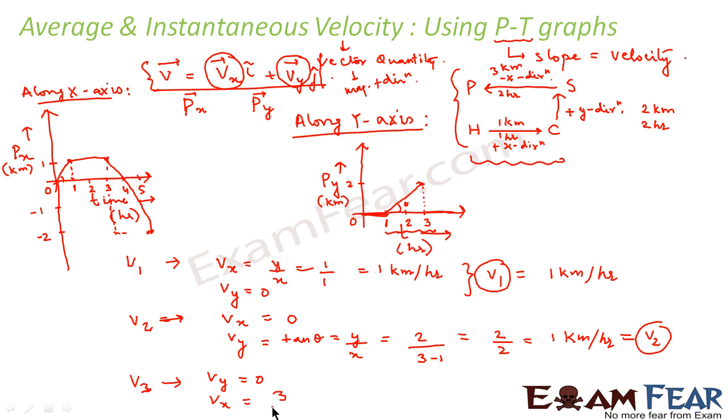So the y component would be 3 divided by the x component, which is 5 minus 3. So it comes out to be 1.5 kilometer per hour. So this is equal to V3. So we find that the values which we obtain for V1, V2 and V3 from the graph are exactly the same as we obtained manually in the previous slide.